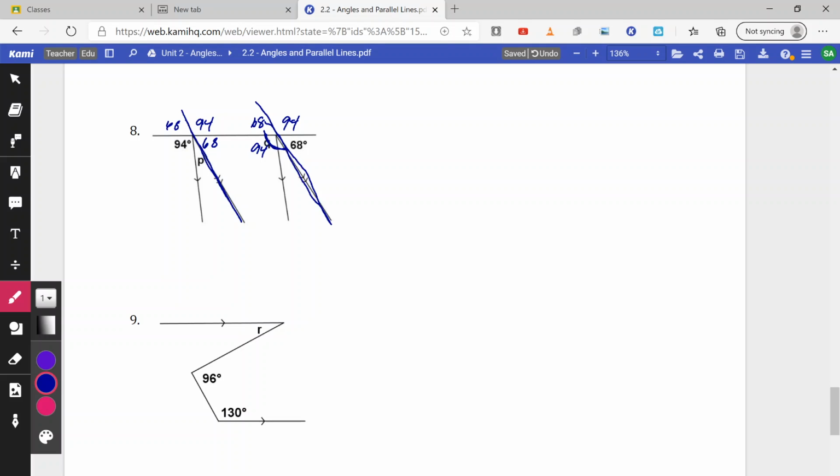Fortunately for us, we have 3 angles here, and 2 of them being numbers. We have a linear pair, so that means we just have to add 94 plus P and 68 to get 180. So I combine my like terms. 94 and 68 is going to be 162 degrees.